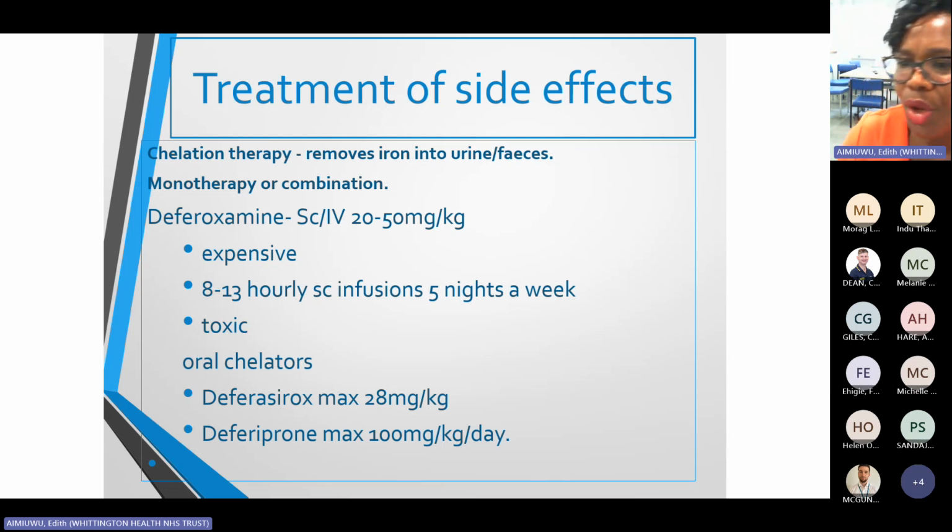With that, we find we have less GIT symptoms, but it doesn't mean it is not in existence. You just need to be mindful of that. Then the deferiprone also can result in neutropenia. So you need to be aware, asking the questions, ensuring there is no abdominal pain, and looking out for all the abdominal symptoms that could be there. And if there is, then you need to review your treatment.